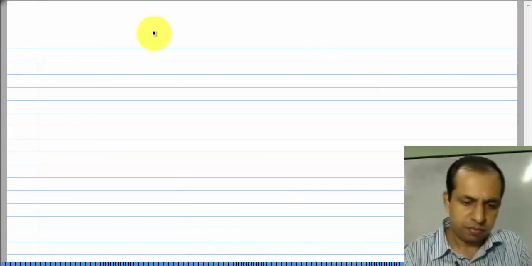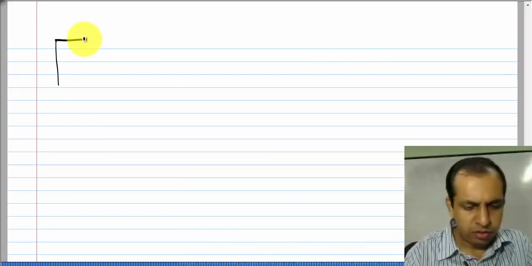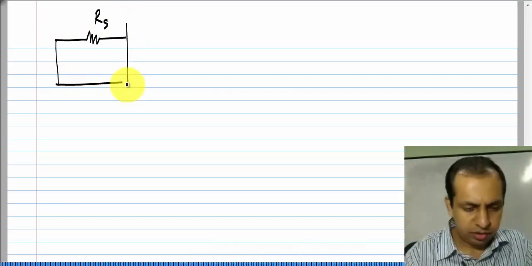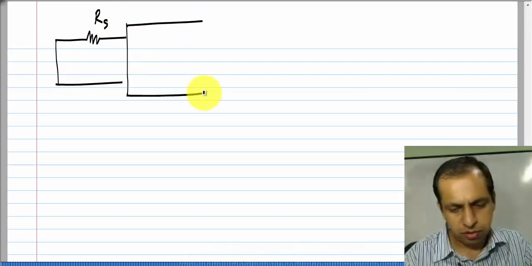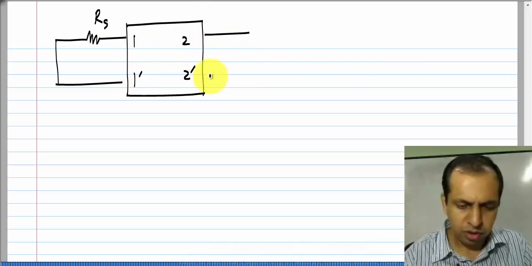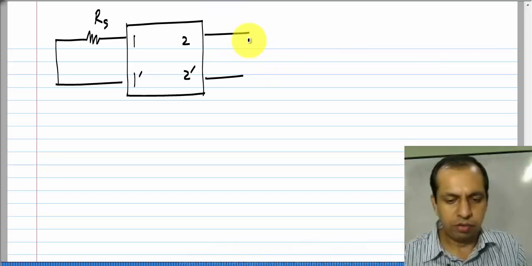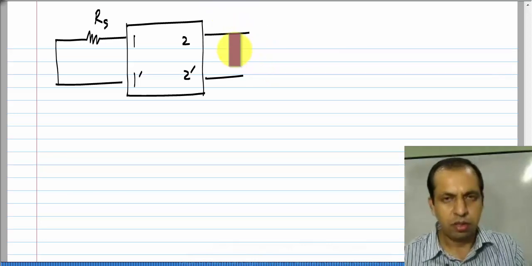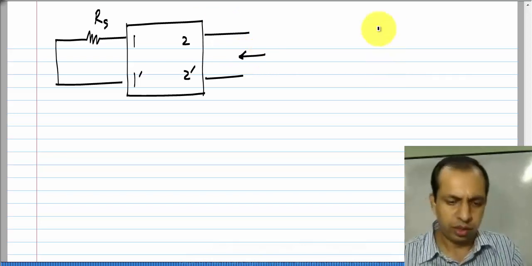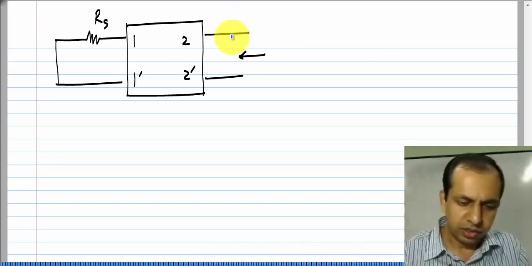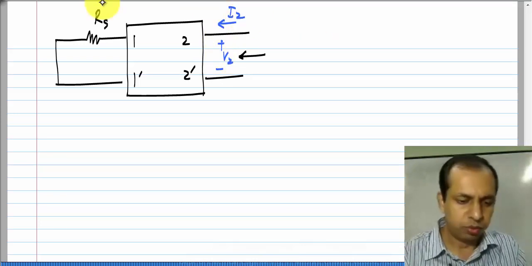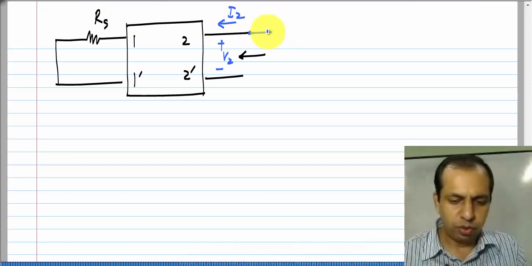For that, we set the independent source Vs to 0, we have Rs and we have to find the resistance looking back into this one. Okay. That is, for instance, this is V2 and this is I2. We can think of injecting either a voltage or a current source.